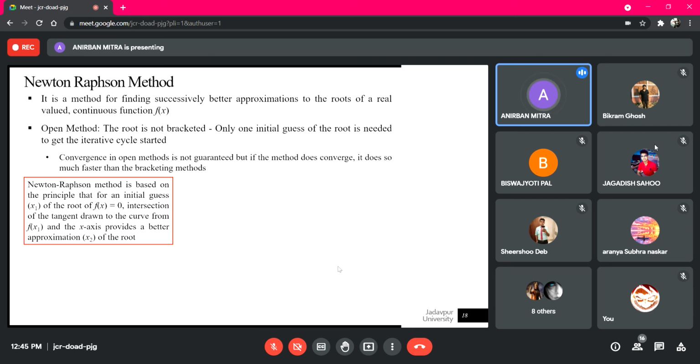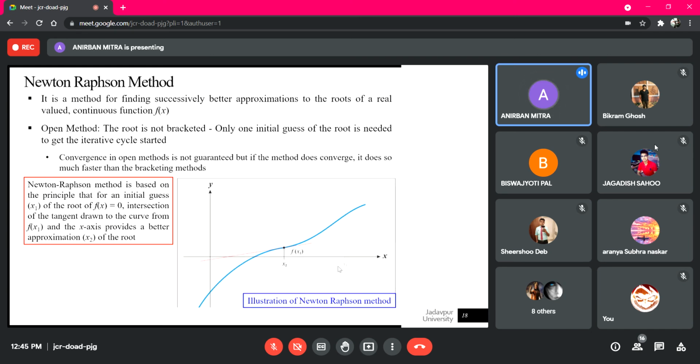Maybe just a little bit difficult or complicated to understand. To clarify, let us look at this presentation. We start with somewhere around this value x1. So this is fx1, got the tangent, intersection is here. This is x2.